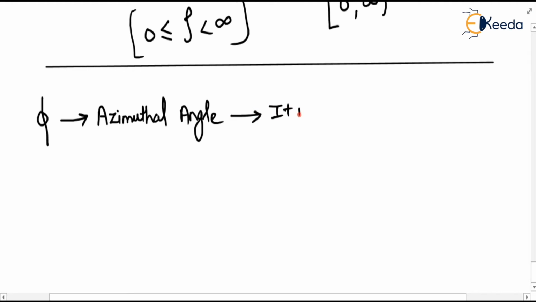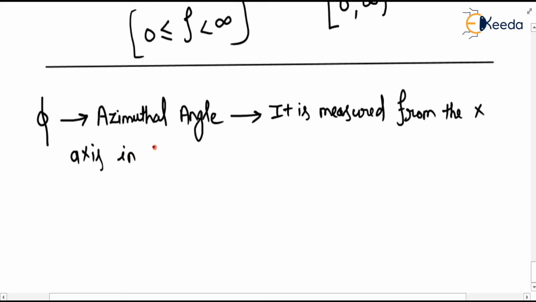It is measured from the x-axis in the xy plane. So let me discuss phi.